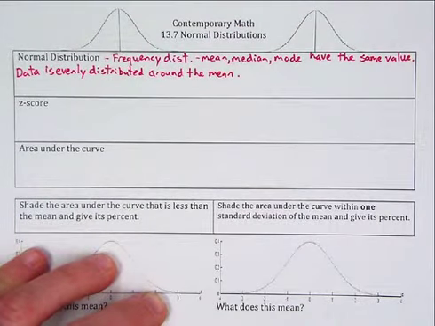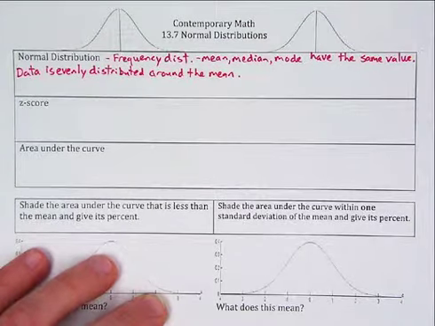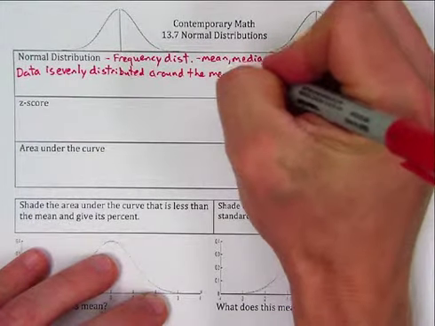Now, since it's a frequency distribution, we can make a histogram of it, and the histogram actually looks like a bell curve.